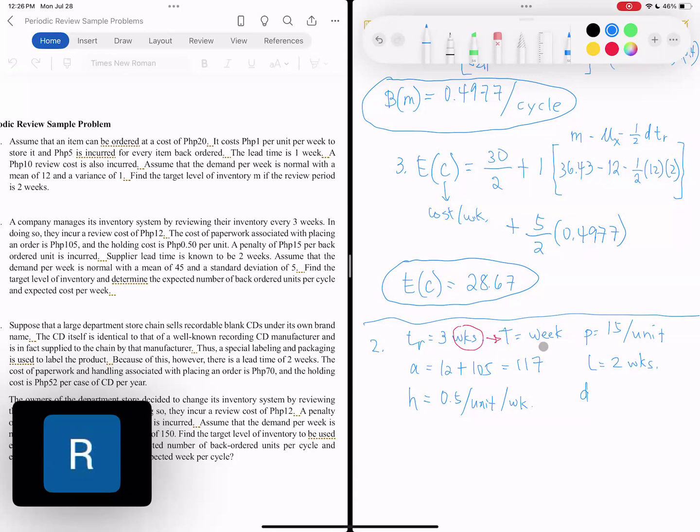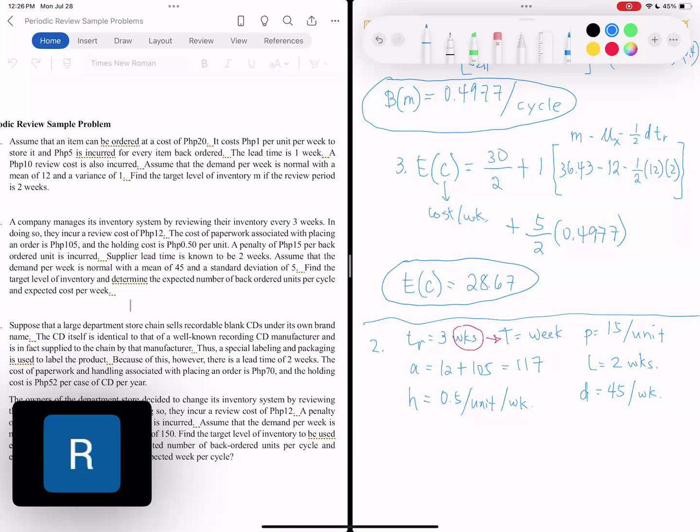So your D, that mean of 45, will now correspond to your D, which is 45 per week. And your random variable happens to be the demand per week, and it follows the normal distribution. Demand per week is normal. So, as I mentioned earlier, the demand per 2 weeks, which is your lead time, will also be normal.